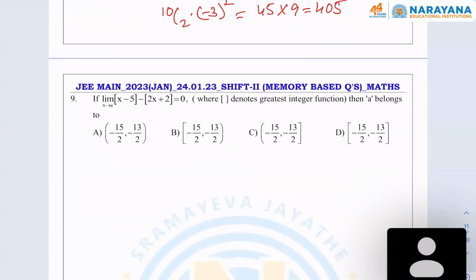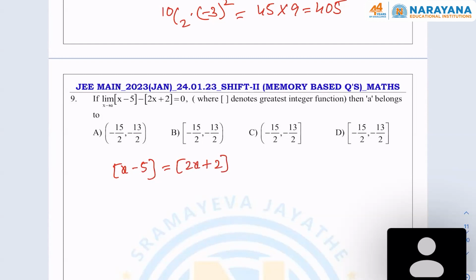Next one, limit x tends to a, step of x minus 5 minus step of 2x plus 2 is equal to 0. So limit x tends to a, and then a belongs to. So step of x minus 5 is equal to step of 2x plus 2.